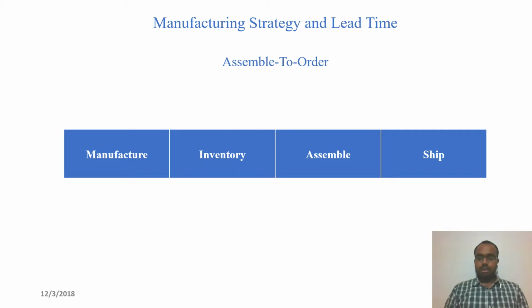And in the ship stage, the final product is sent to the customers. So from this, we can get to know that the delivery lead time is the sum of the time taken to complete the assemble stage and the ship stage. A typical example for a product that follows assemble to order strategy is printers. In the printers, the subcomponents are held in the inventory and are assembled only after the customer order is received.